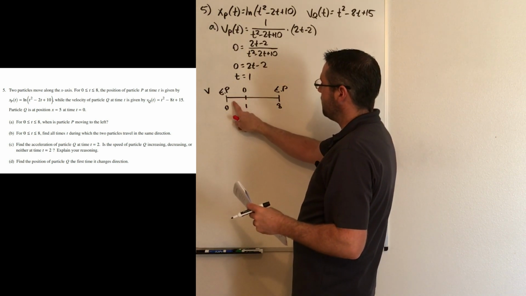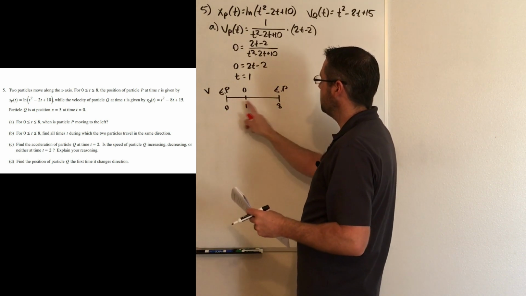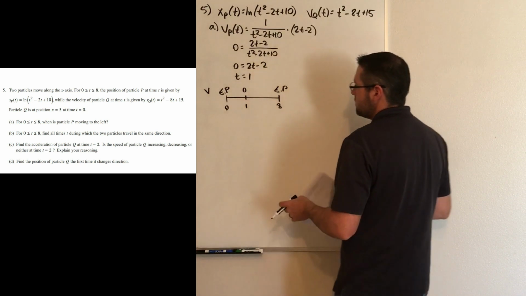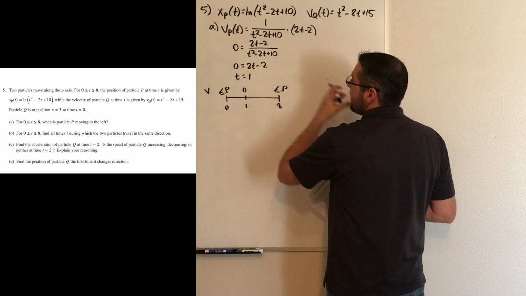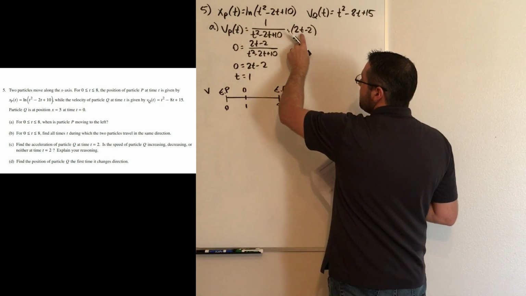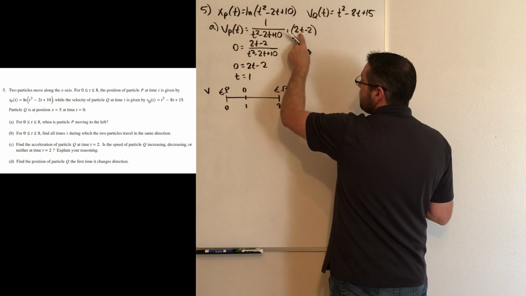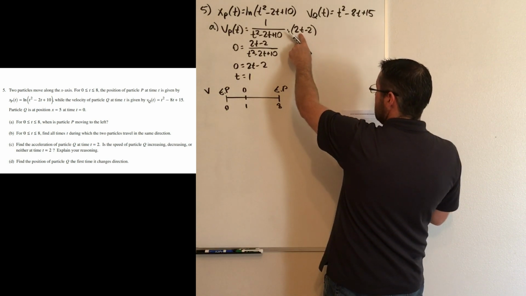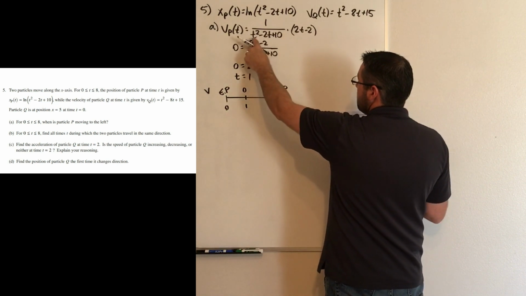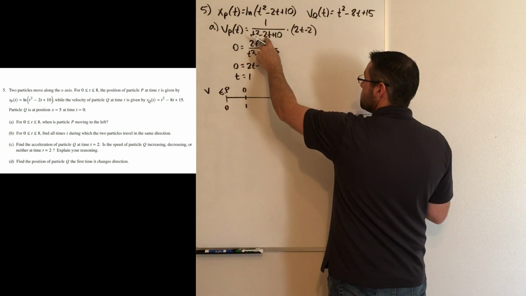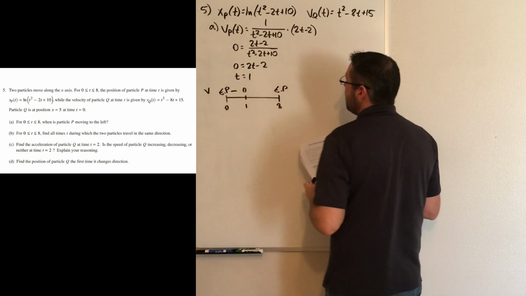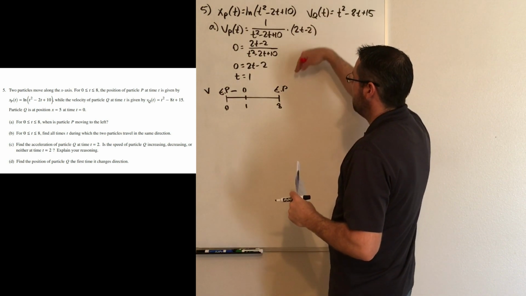So therefore, we have to figure out the signs in between in these intervals here. So you can just pick a numeric value here like 0.5 and plug that into your velocity equation. If I plug in a half there, you would get minus 1 on top. And then 0.5 here, you're going to get 1/4 minus 1 plus 10. That's a positive. So here you're going to get a negative value because the top's negative and the bottom's positive.